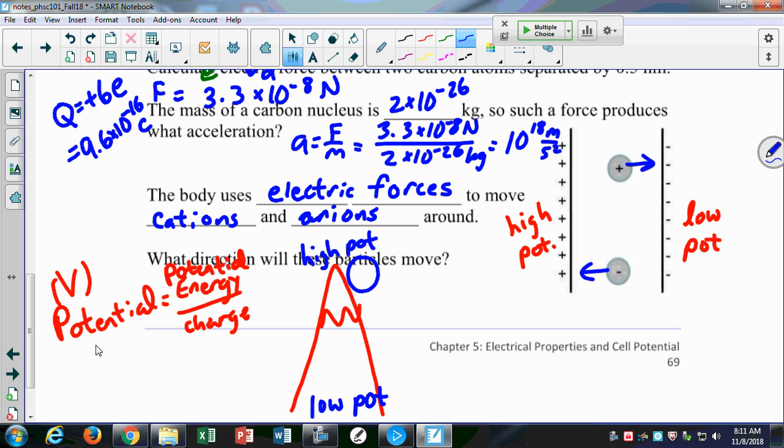If I have an object at the top of my mountain, is it going to move from high to low or low to high? It'll always move from high to low. A mass will always move from high to low because gravity's pulling it down. A mass will never move from low to high. That would be really strange if you put a mass down here and it moved up the hillside all by itself. If it does, you know the world's about to end.